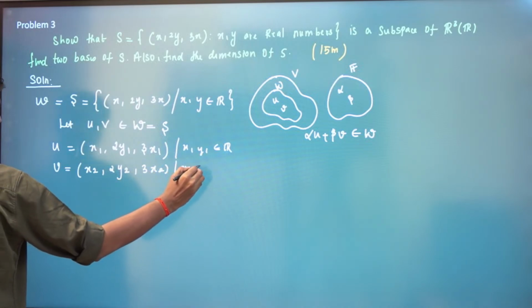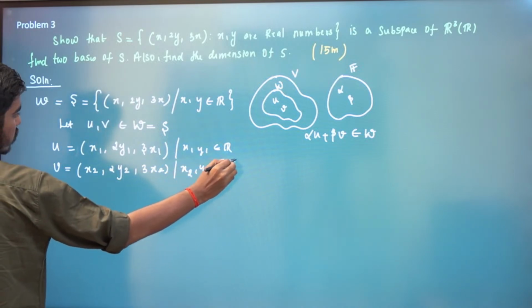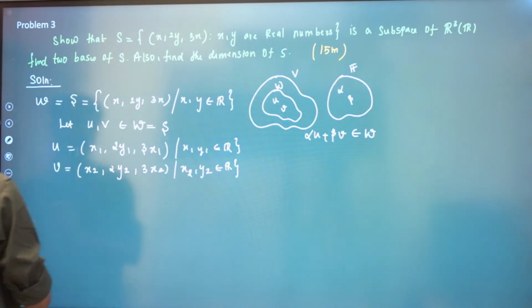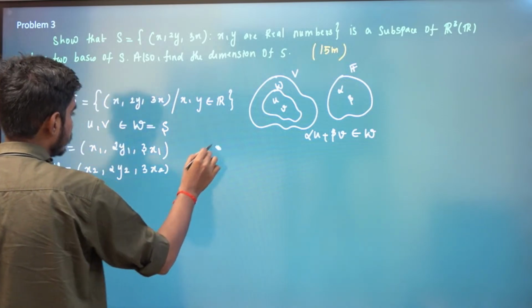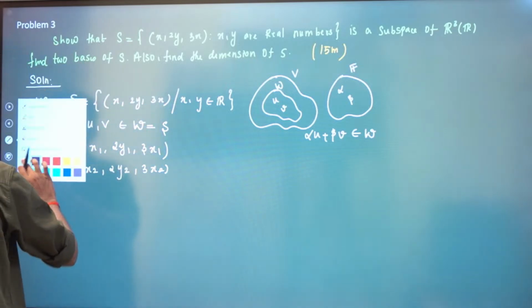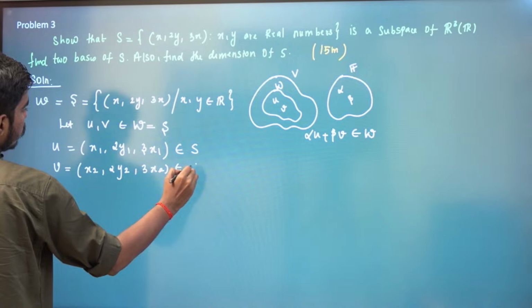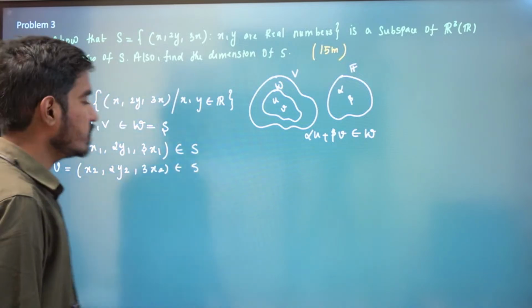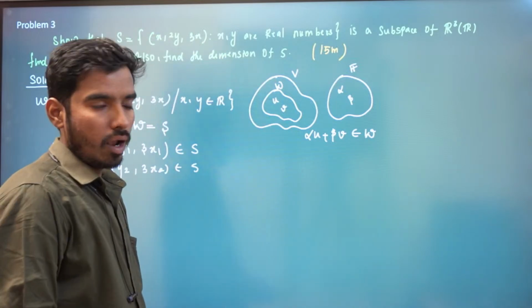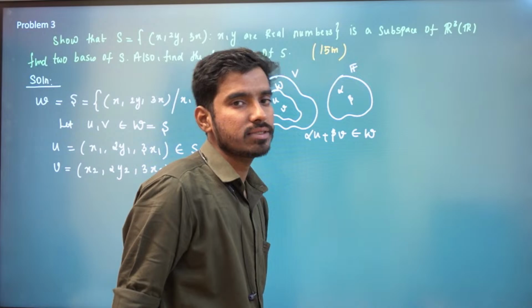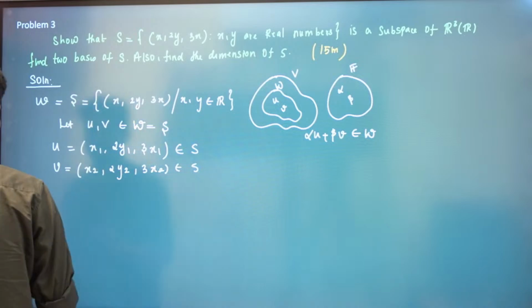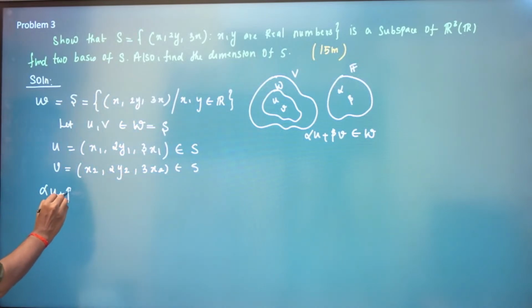These x2, y2 again belong to real numbers, right? So u and v both belong to S, because both are of the form (x, 2y, 3x). So I have taken two elements u, v in our set W. And if I show that alpha u plus beta v is also in W, then this set will be a subspace, right? Okay.